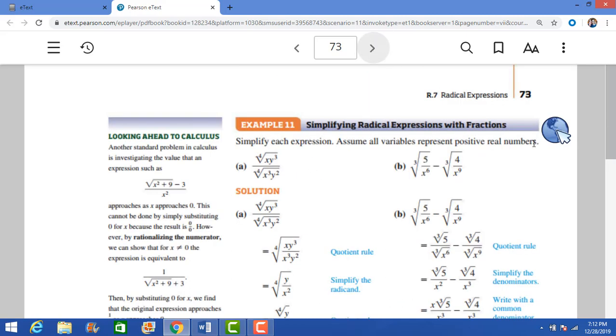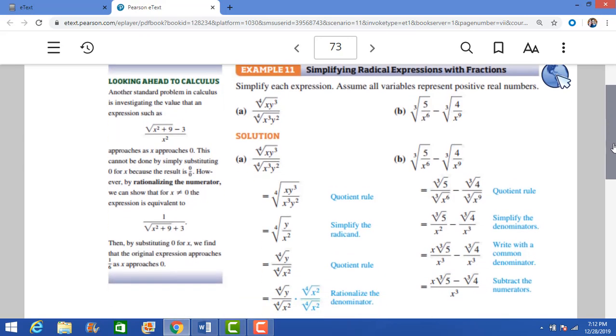Okay. So let's look at this. So let's simplify these expressions here. So here, we've got these two expressions with 4th roots. Okay, so the first thing we're going to do is simplify the radical by putting it all under the same radical.